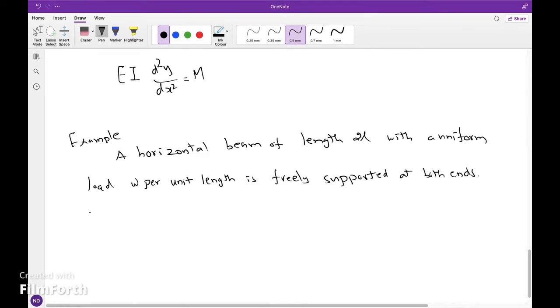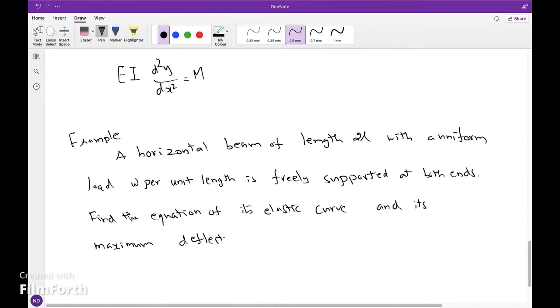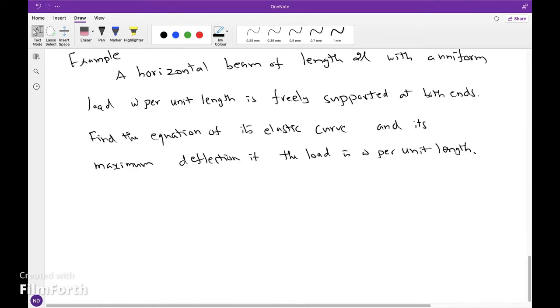Find the equation of its elastic curve and its maximum deflection if the load is omega per unit length.